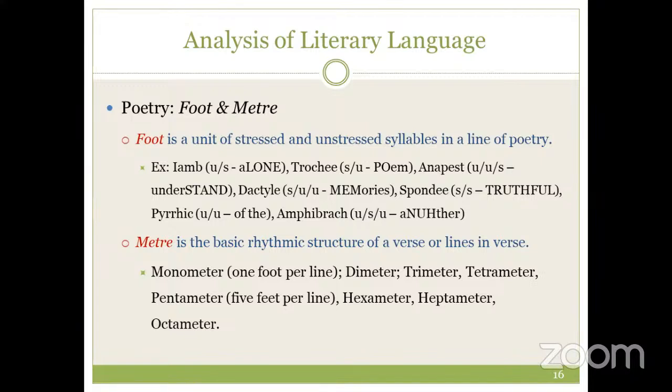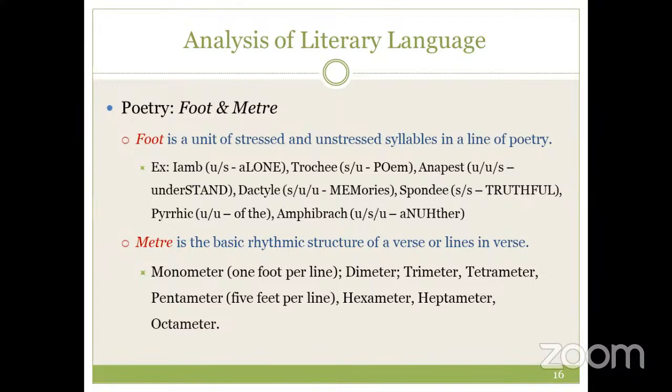So meter is the basic rhythmic structure of a verse or lines in poetry. So monometer means we have only one iamb or any of these remaining feet, occurring only a single time. But if the iamb, an unstressed syllable followed by a stressed syllable, repeats twice, then it becomes dimeter. If it repeats thrice, then it becomes trimeter.